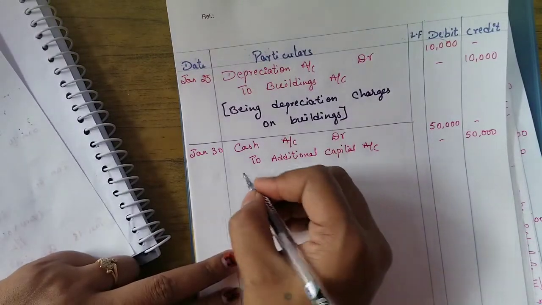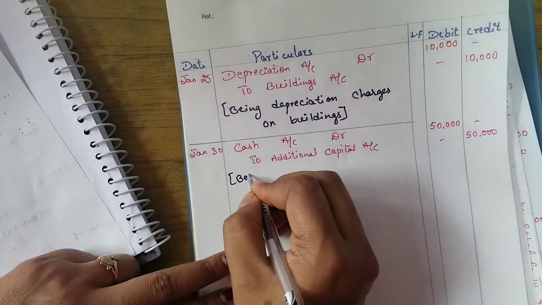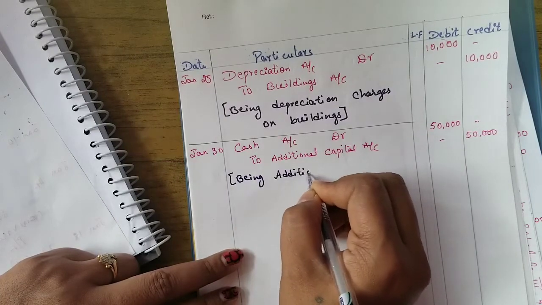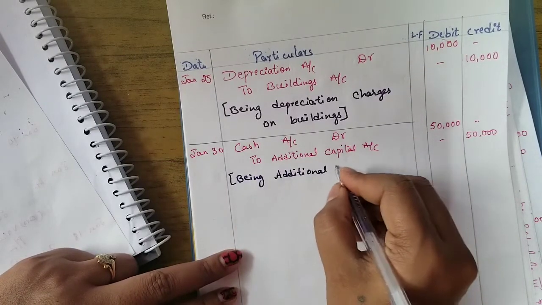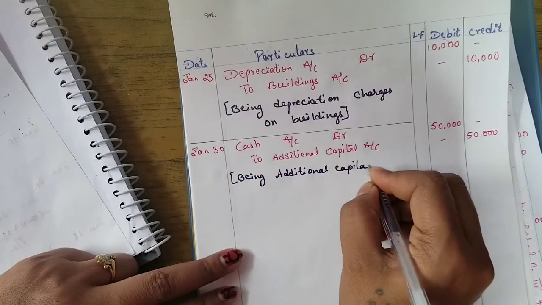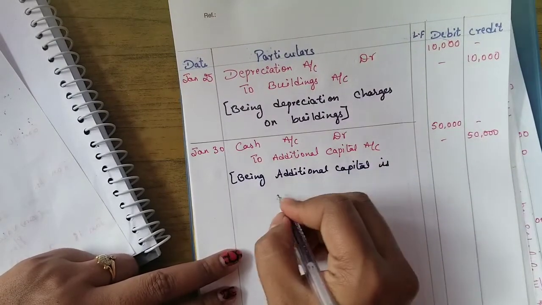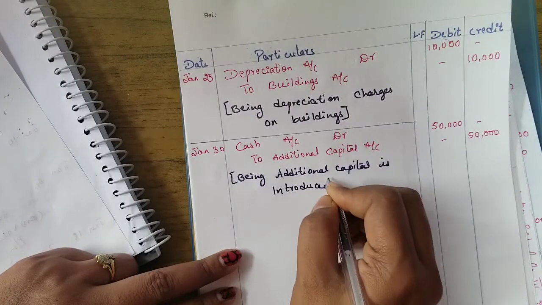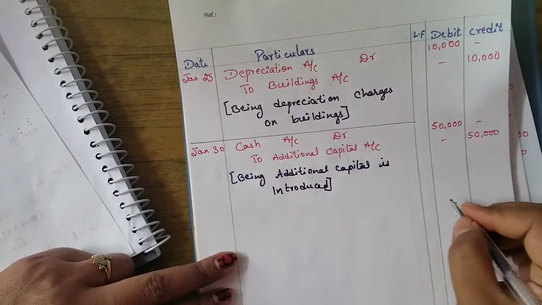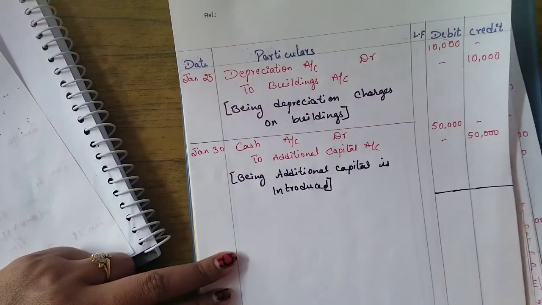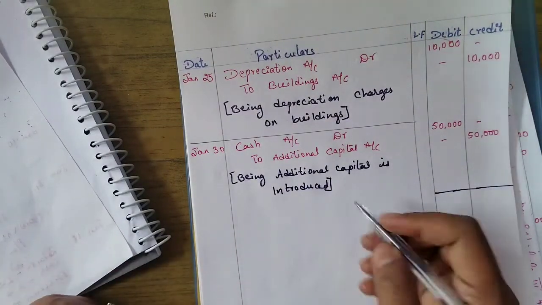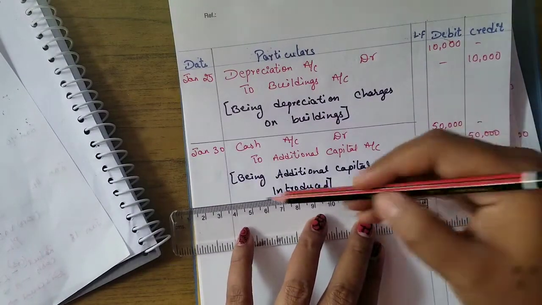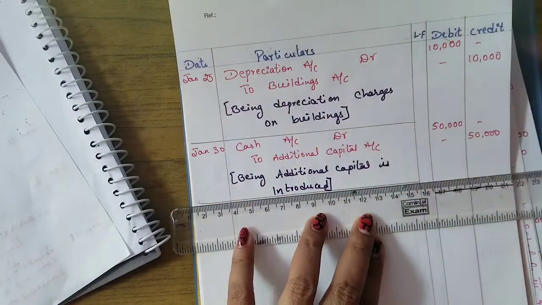Narration being additional capital is introduced. Finally, we should have the total of both debit and credit that we have to show. So this is the entry.